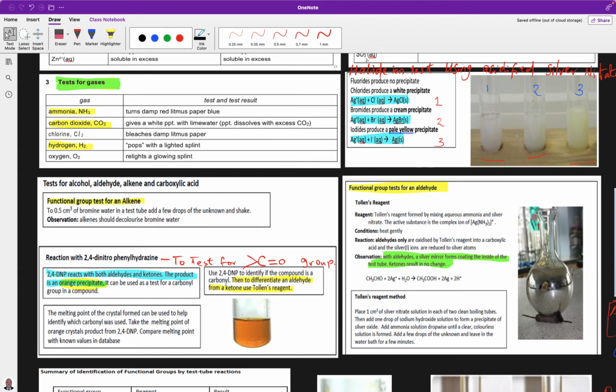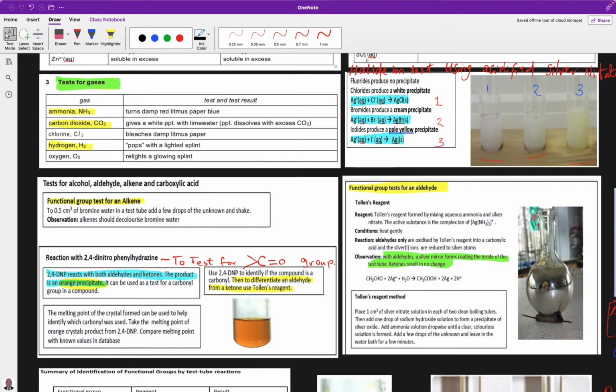For example, magnesium reacting with dilute hydrochloric acid. Magnesium chloride and hydrogen gas are produced. To confirm that, it gives you a pop sound with a lighted splint. Then oxygen will only relight a glowing splint.